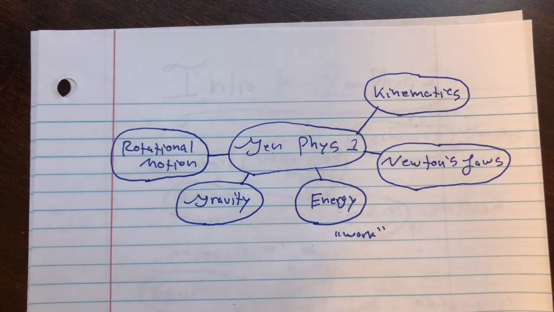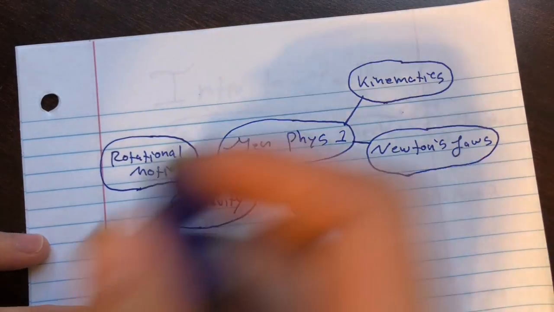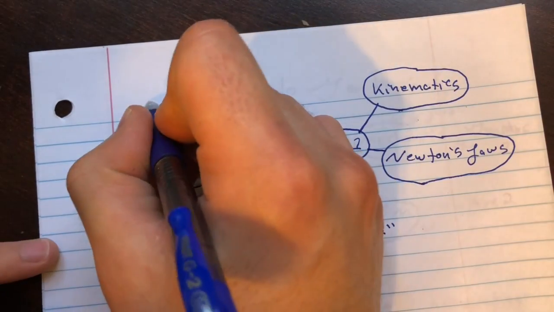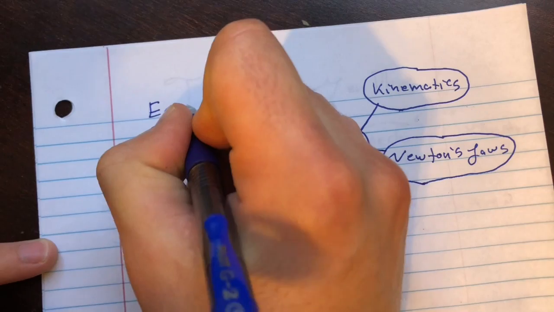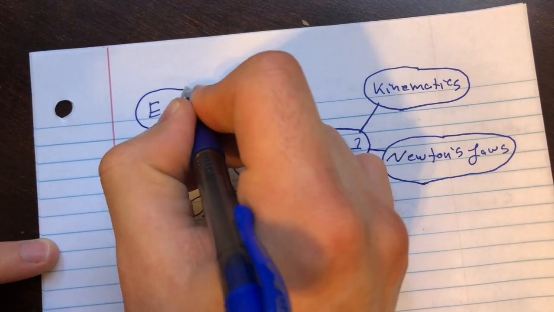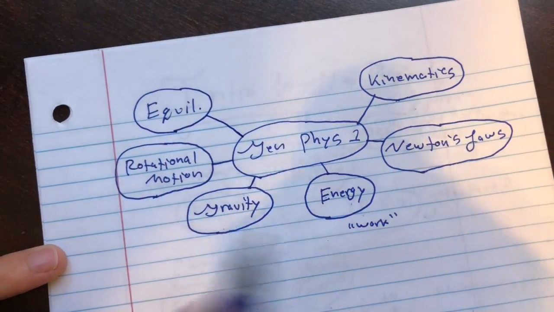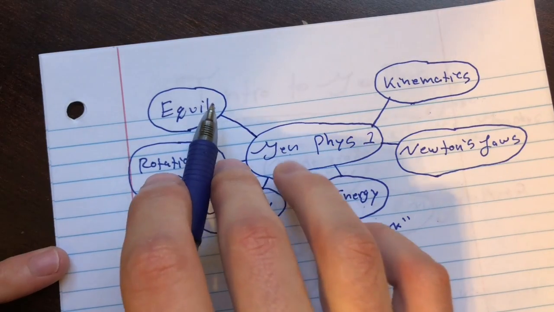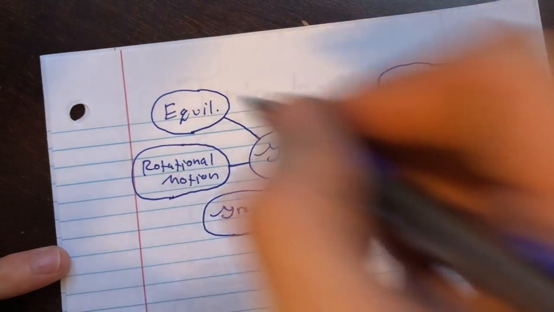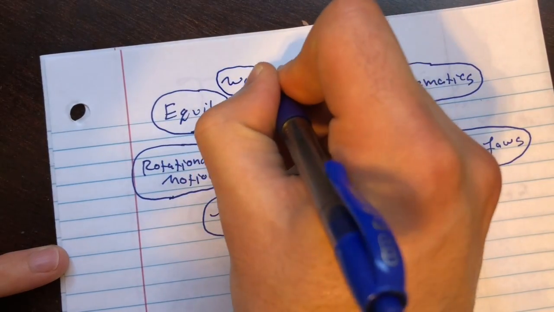You guys can watch a lot of fun videos on torque and how all that stuff works, and do all your cross products. After that, you're probably going to get into the idea of equilibrium, when the net torque is zero, when the net force is zero. After that, you're going to get into the idea of waves.